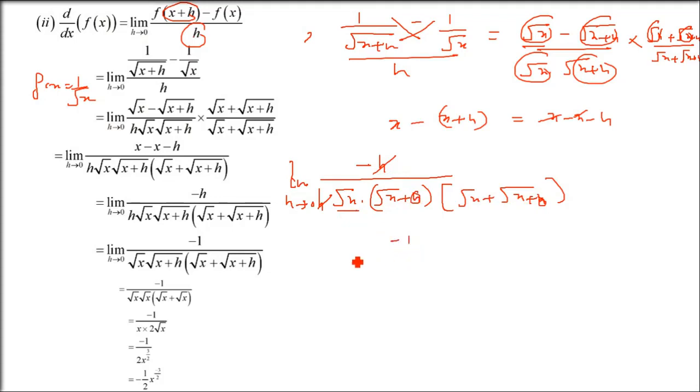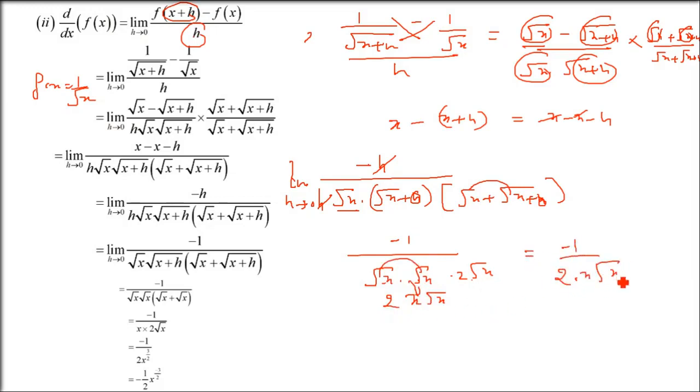So this is root x, multiplied by root x, and then we have root x plus root x, that is 2 root x. So root x into root x into root x: root x times root x is x, and one root x will remain. So minus 1 by 2x root x. What is x root x?